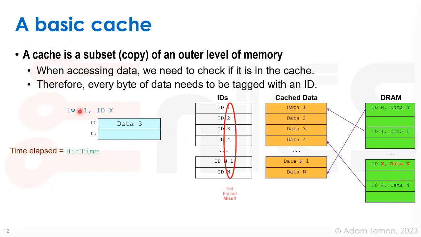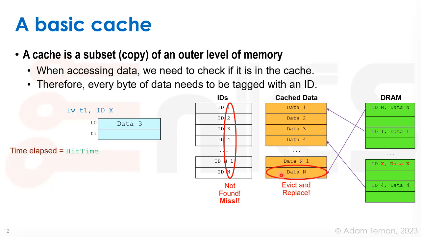In the other case, we load word to register T1, where we want ID X. And if we look over here, we don't have ID X inside the cache. So it was not found, and that is a miss. So that is a cache miss. In the case of a cache miss, we have to decide where we're going to put that ID, and sometimes our cache is full, and then we have to evict something.